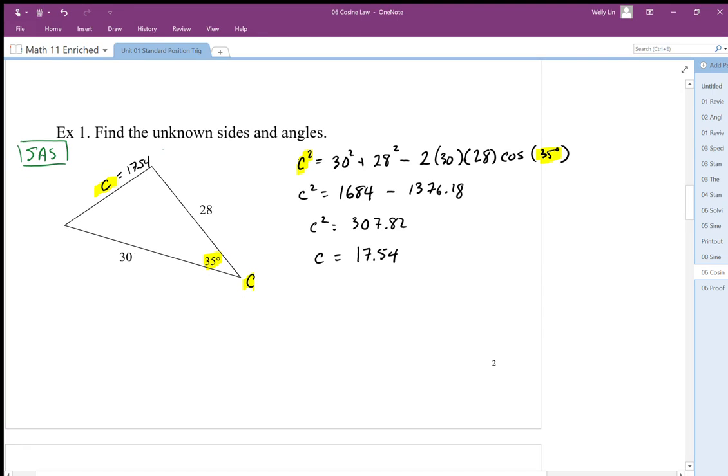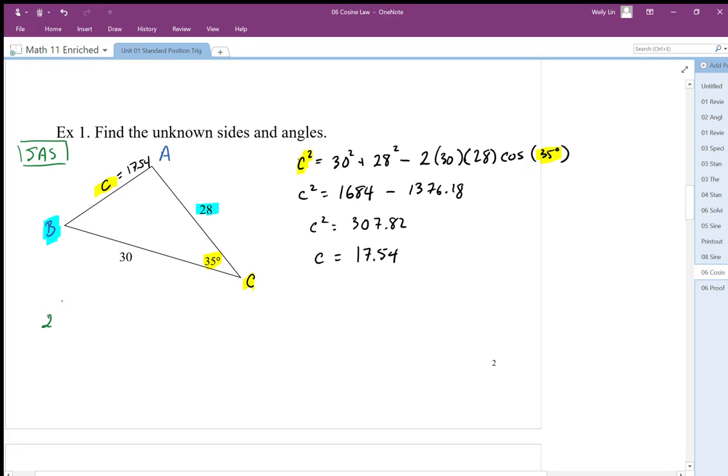In this case, I'm going to say that this is angle B on this side and angle A on this side. The angle B and side 28 are opposite of each other. So when I set up the cosine law, it looks like this.